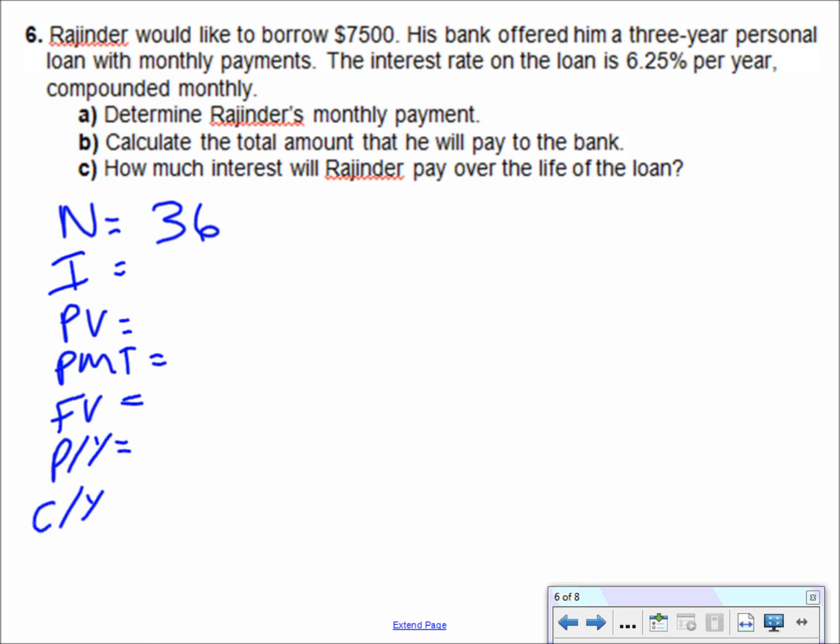My interest rate is 6.25. My present value would be the $7,500. We want to calculate our PMT here. Our future value is 0. Our payment is monthly, so it's 12 a year, and we're compounded monthly, so 12. So here we're calculating our monthly payment.